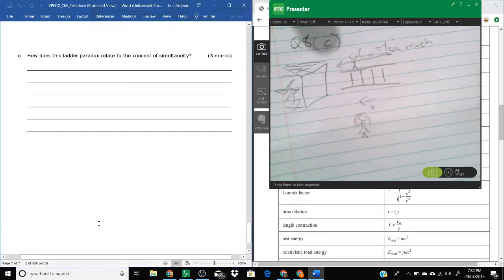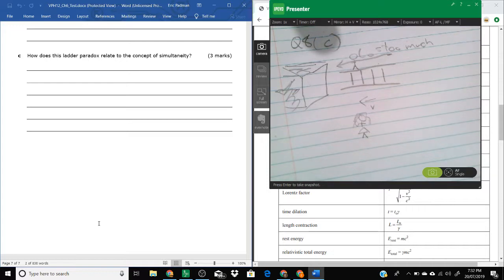So for part C, how does this ladder paradox relate to the concept of simultaneity? Events that are simultaneous in one frame of reference need not be simultaneous in another. For the observer in the frame of reference of the garage, the events of the ends of the ladder meeting the ends of the garage were simultaneous.